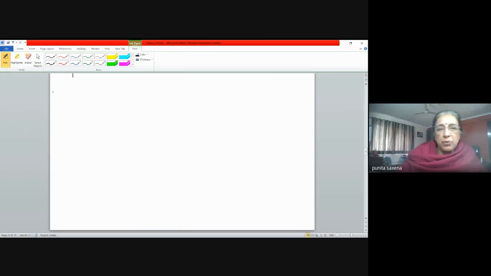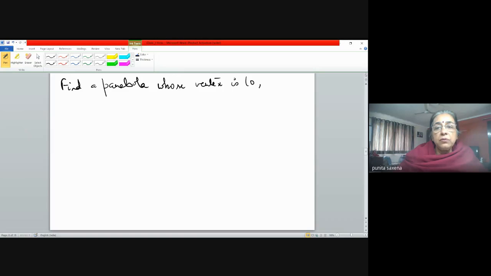I think this is some problem from the exercise, I don't remember which one. Your problem could be find a parabola whose vertex is 0 0 and focus is 3 0.